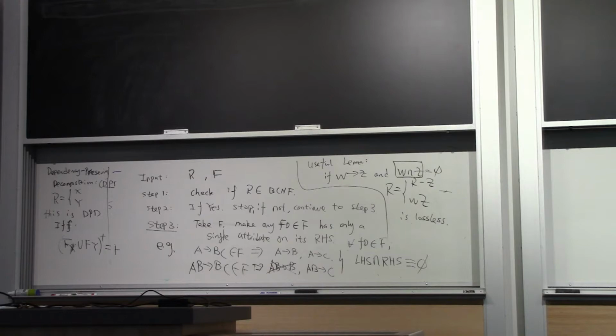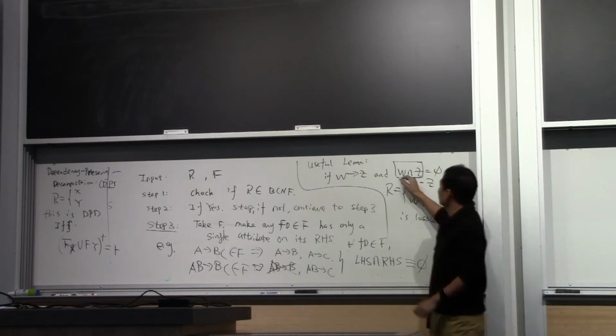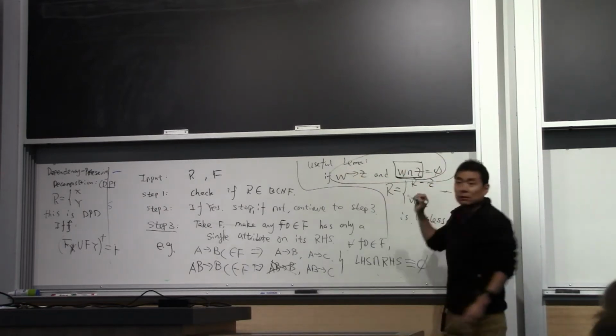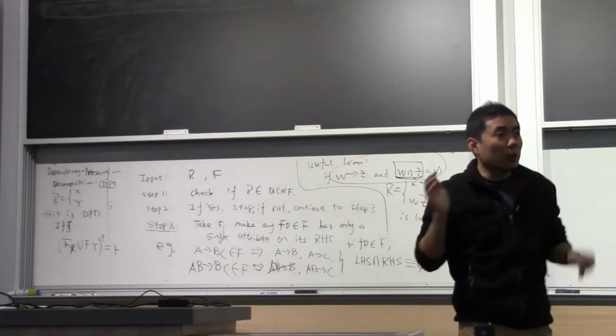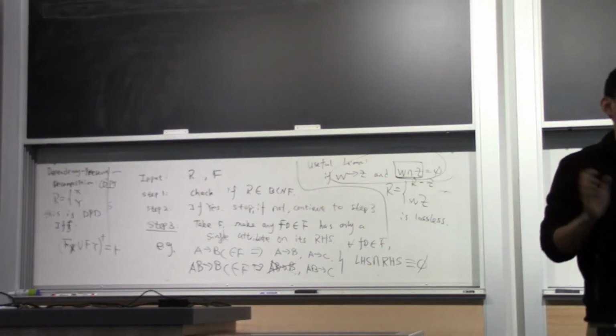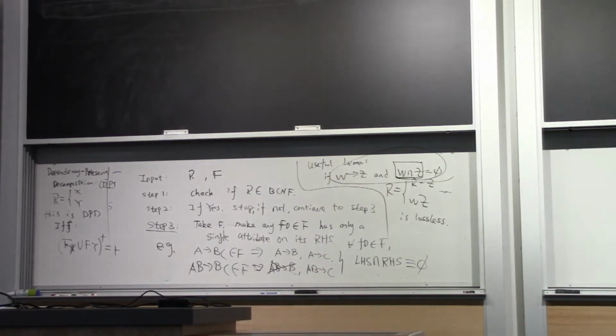That's the critical observation we make from this step. Once you have this, you can just recursively apply this result. Take any functional dependency from F, apply this, and you are guaranteed to have a lossless strong decomposition. That's it. You follow what I'm doing here?